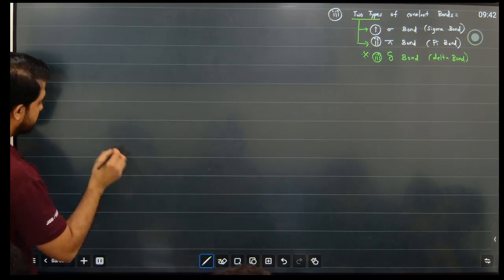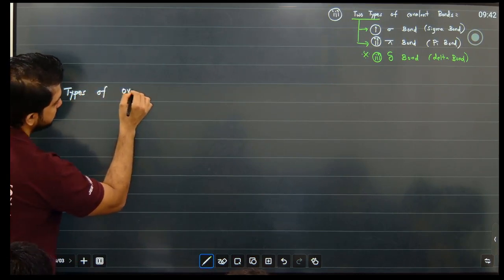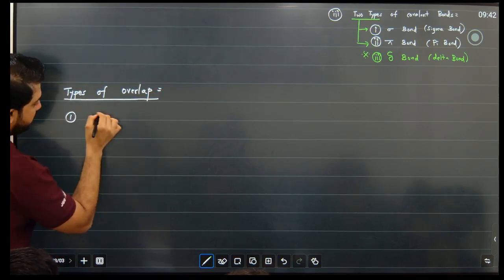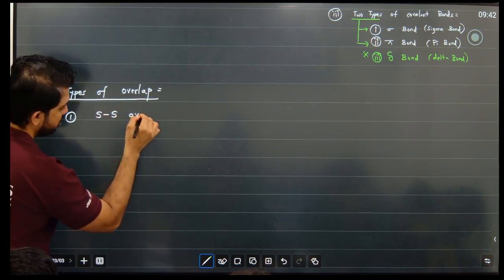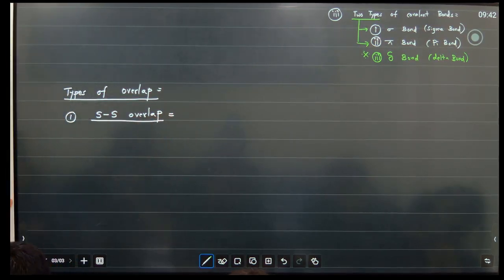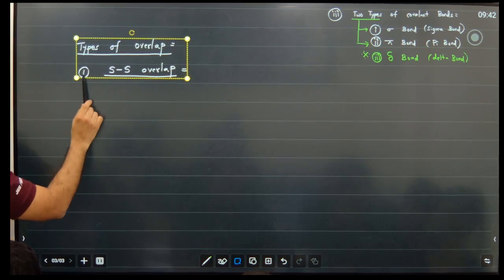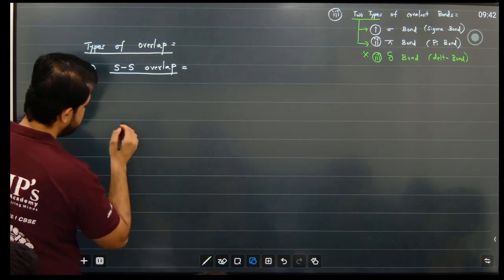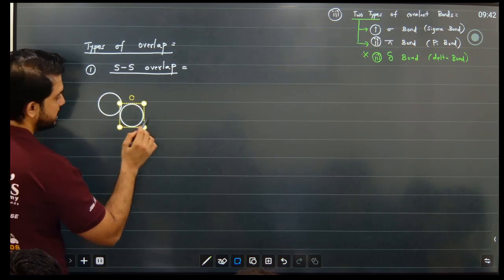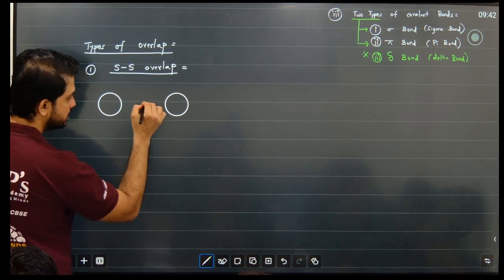The first type of overlap that we have is called SS overlap. Now, as the name suggests, SS overlap means when two s orbitals are overlapping each other. तो ये हमारे पास first s orbital. Remember, इसमें एक electron होगा with one spin, इसमें एक और electron होगा with a spin, but that spin has to be opposite.